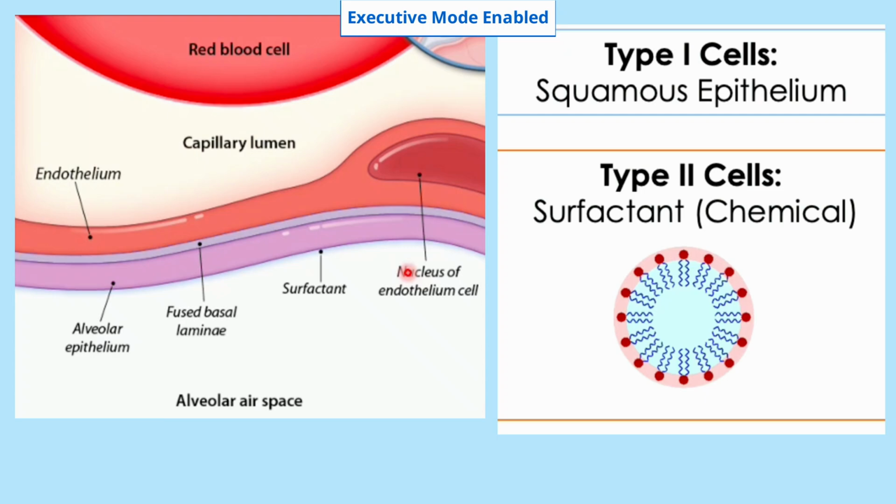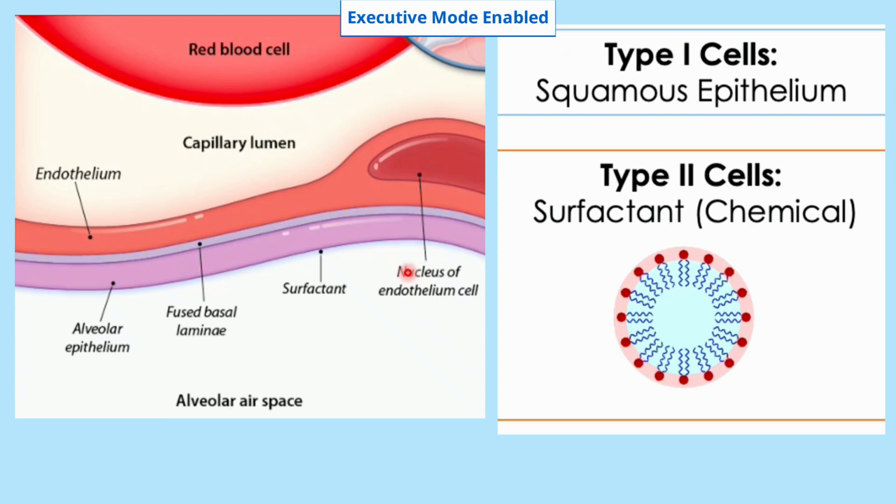So here's a visual. You can see the surfactant has the hydrophobic and hydrophilic regions. And then, what else do you see in this? The surfactant is lining the inside of the alveoli.